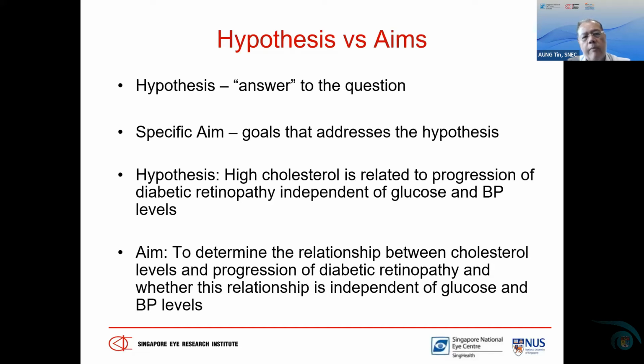And remember, the aims will address your hypothesis. So for example, your hypothesis: high cholesterol is related to progression of diabetic retinopathy independent of blood sugar and BP. And so your aim is to determine the relationship between cholesterol and progression of diabetic retinopathy and whether this is independent of glucose and BP. So this is how you frame it. You have a hypothesis, and this is your aim.